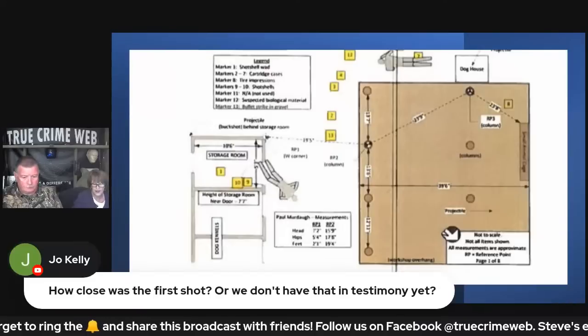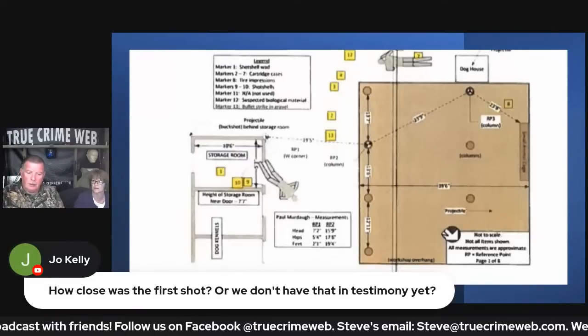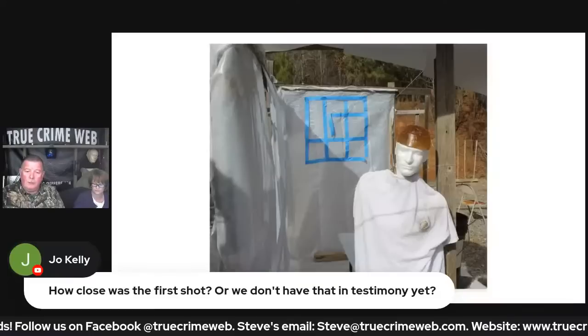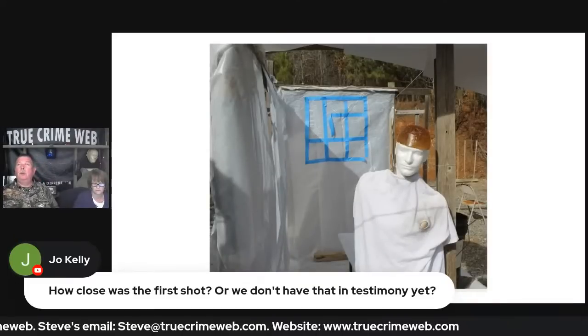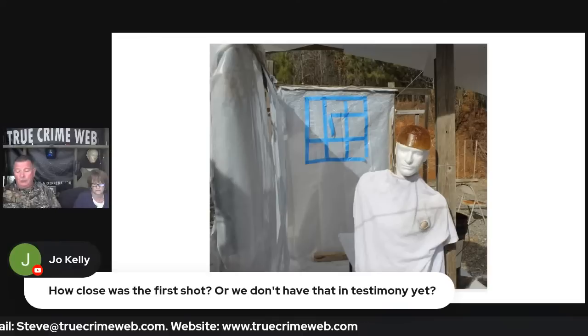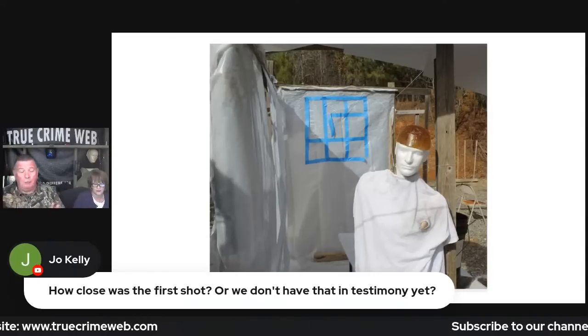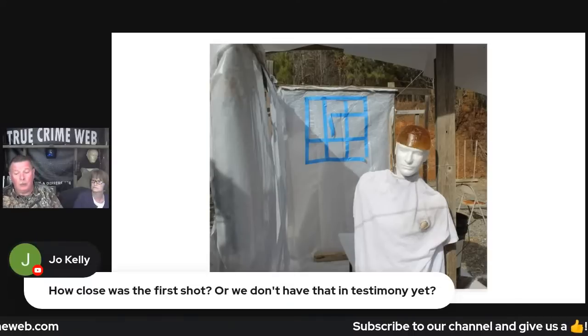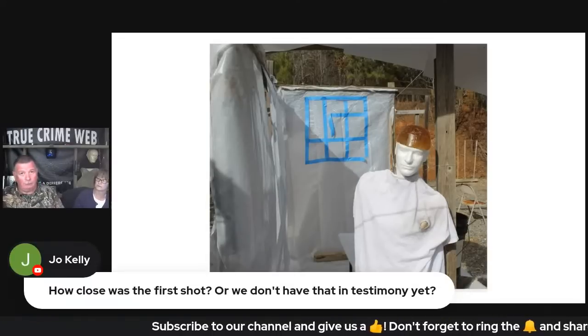And Joe Kelly, how close was the first shot? Or we don't have that in testimony yet. I know it's been reported, and I haven't seen the testimony, but it's been reported that both Maggie and Paul had stippling. For stippling to occur, it has to be within 4 feet.